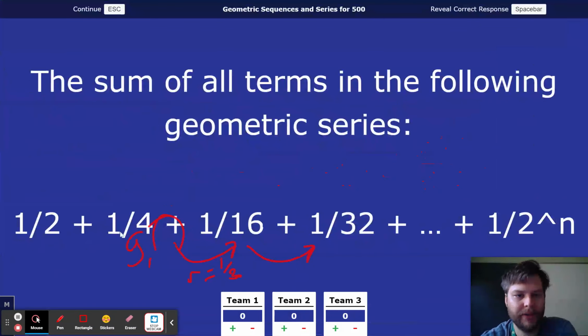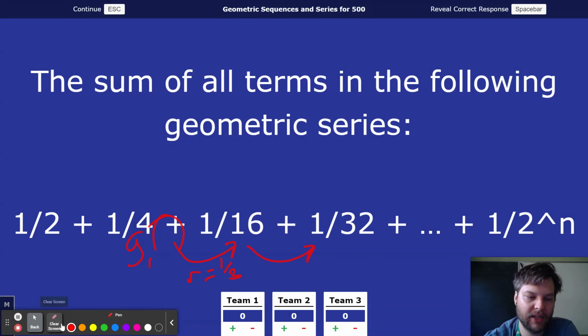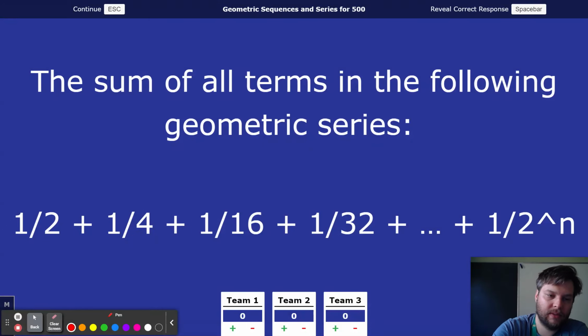And the sum of all terms. So we're going to go all the way up to infinity as we go through this one here. If you set up your formula again, we're going to add up an infinite number of terms starting with a half. Common ratio is a half. There's an infinite number of them, all like this.